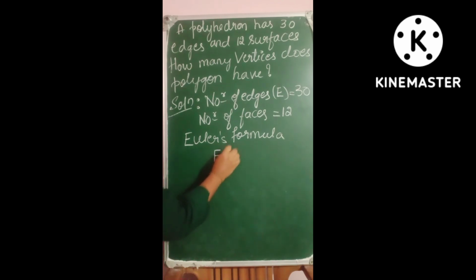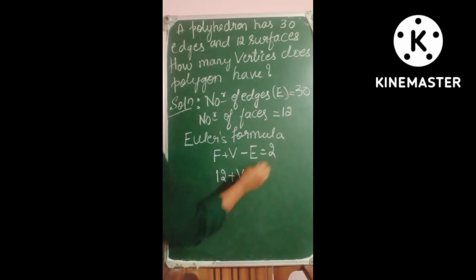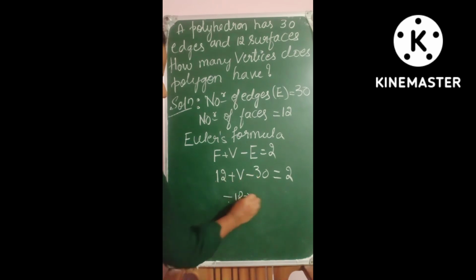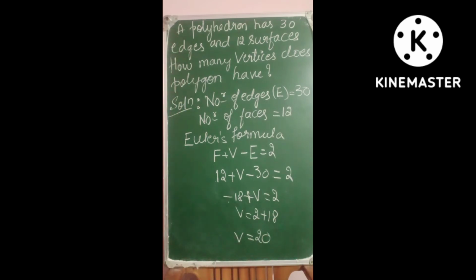We have F plus V minus E is equal to 2. Okay, so now what is the F value given? 12 plus V, the number of vertices, minus E which is 30, is equal to 2. So 12 minus 30, that is minus 18, comes. Minus 18 plus V is equal to 2, or V is equal to 2 plus 18, or the value of V is equal to 20. So the number of vertices in the polyhedron is 20.